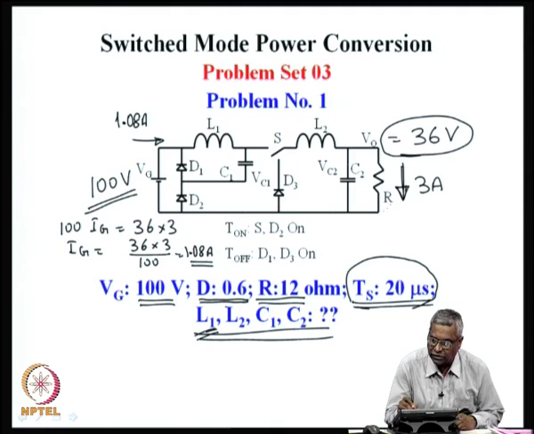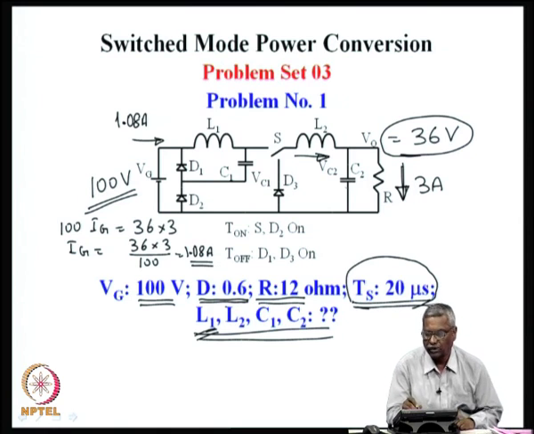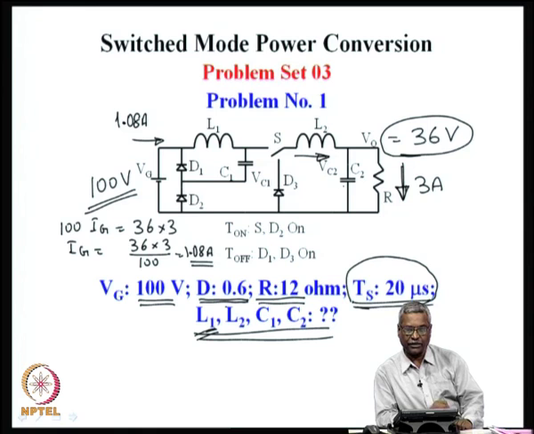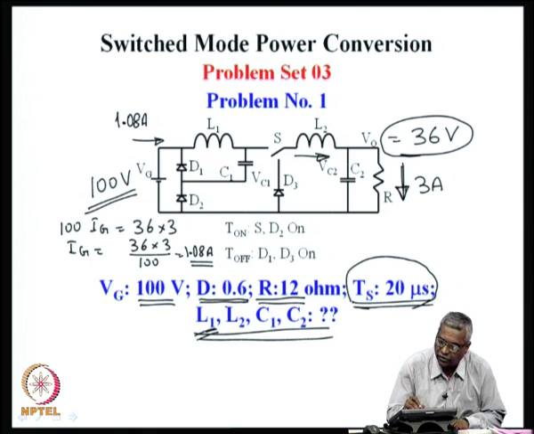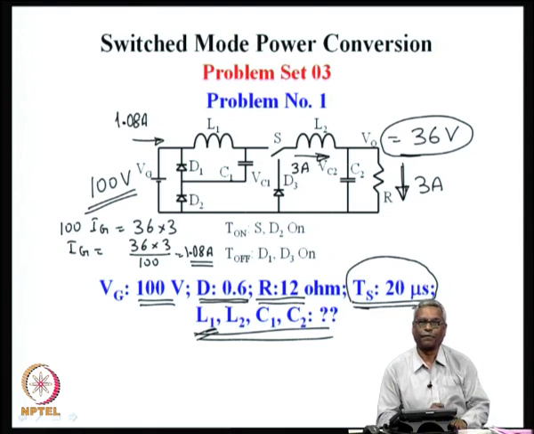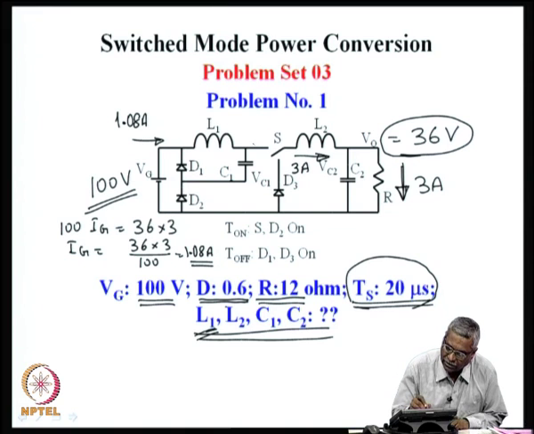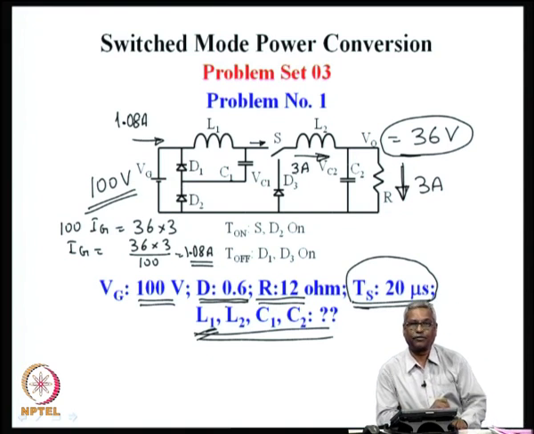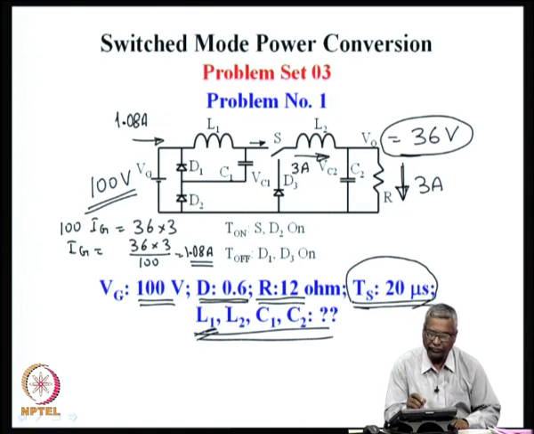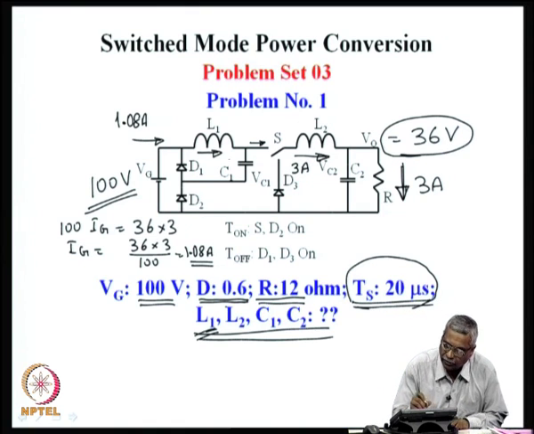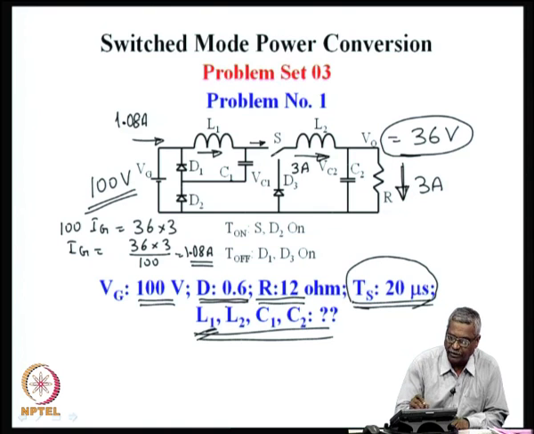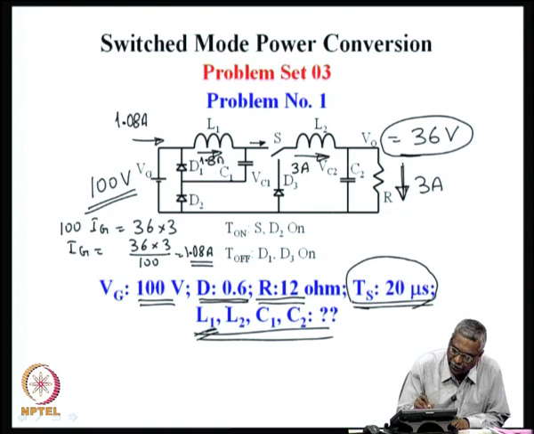And here one can see at the inductor the output current 3 amperes also has to come from the inductor L2, because C2 does not supply any DC current. So, the DC current on L2 will be the same as the output current. So, this will be 3 amperes. And then this 3 amperes is coming out of this branch for a duration of duty ratio 0.6. So, we might say that the average current of L1 will be this 3 multiplied by this 0.6, which is 1.8 amperes.